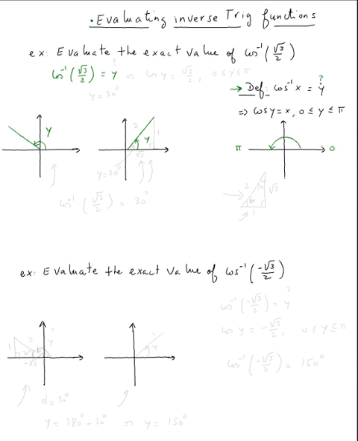So we call this angle y, and by definition, this means cosine of y is equal to square root of 3 over 2, and y is between 0 and pi. So in either case 1 or case 2. But of course, since the cosine is positive, it's this case. So let's find the angle y.